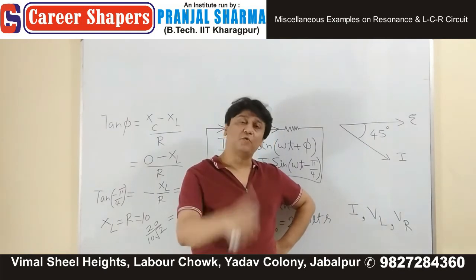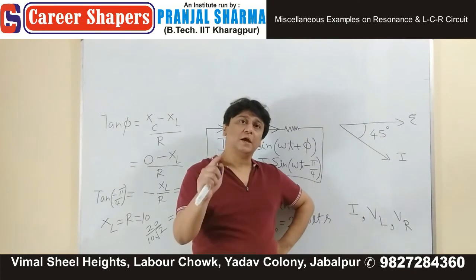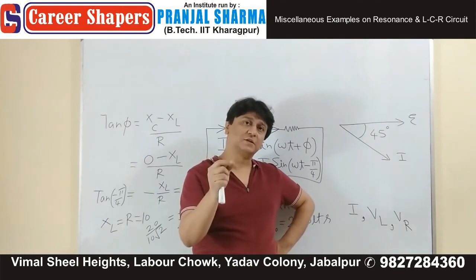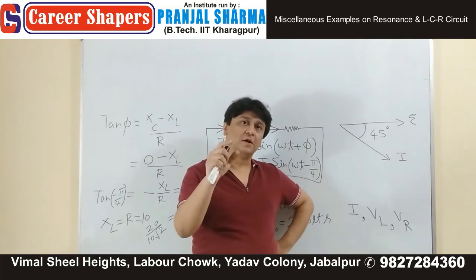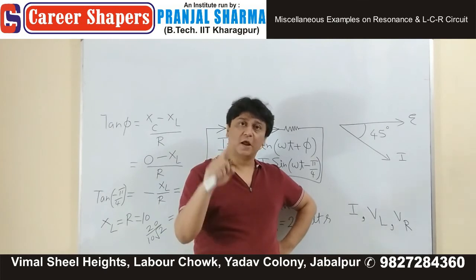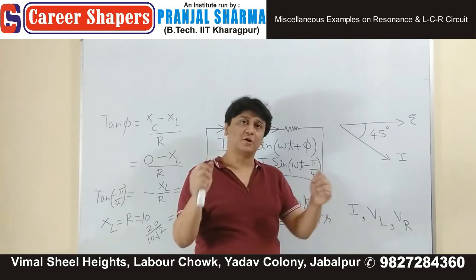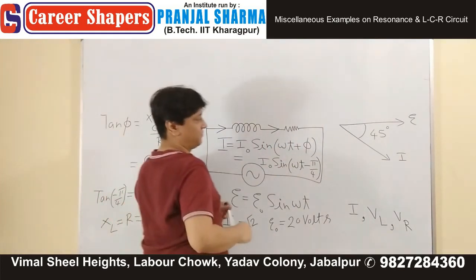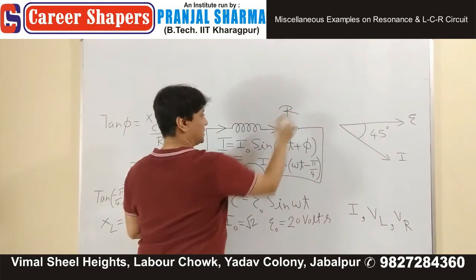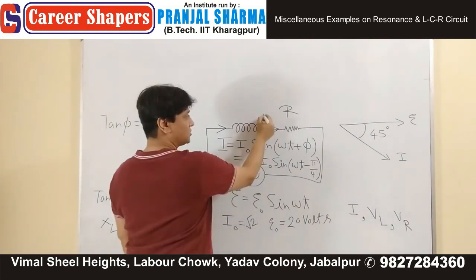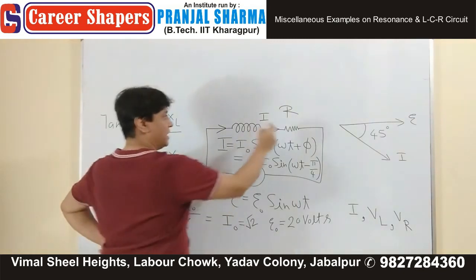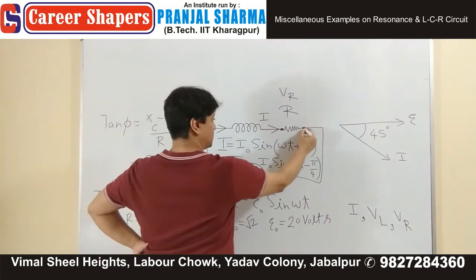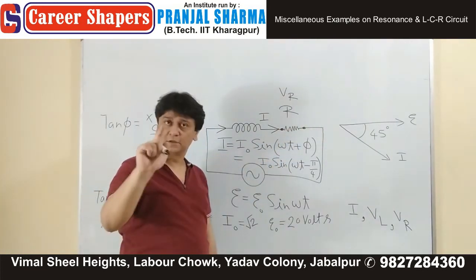What was the argument for VR? In alternating circuit, if you have a resistor present, then phase of current and phase of potential difference across the ends of the resistor, they both are same.